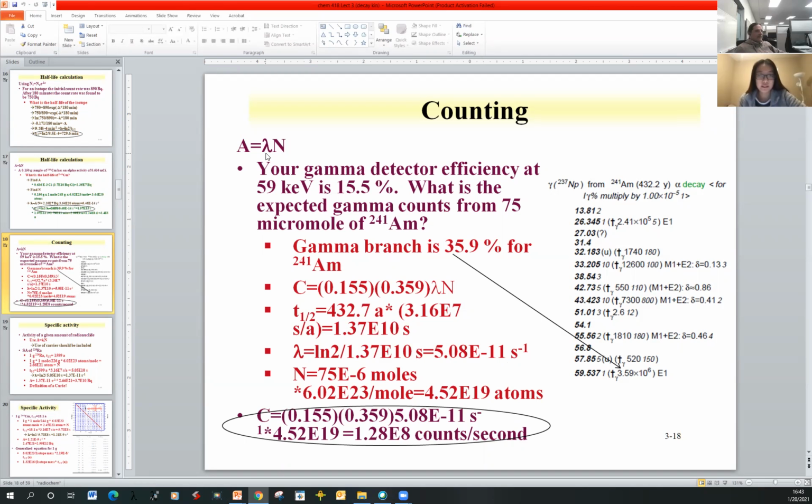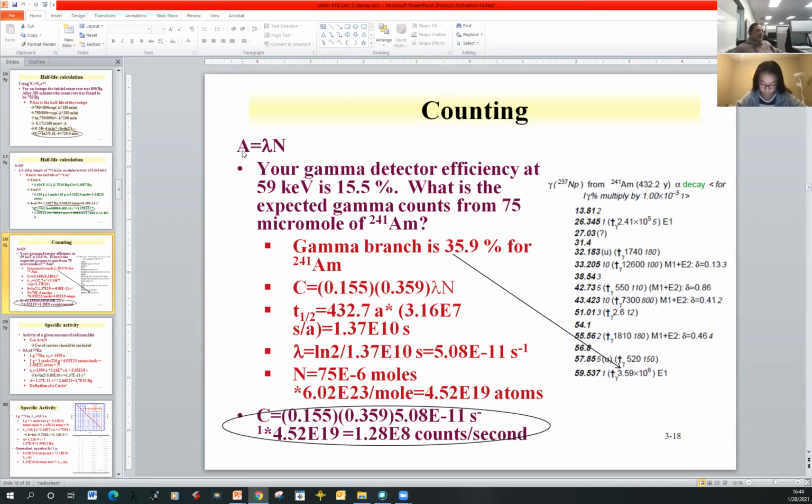That's our decay constant. And then the number of atoms: if there's 75 micromole of americium-241, that's 75 times 10 to the minus 6 moles times 6.02 times 10 to the 23rd atoms per mole, which gives me how many atoms there are. So I've got these two parts of the equation.